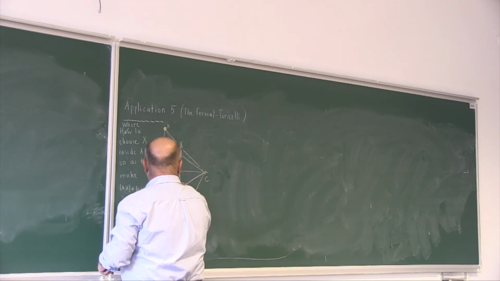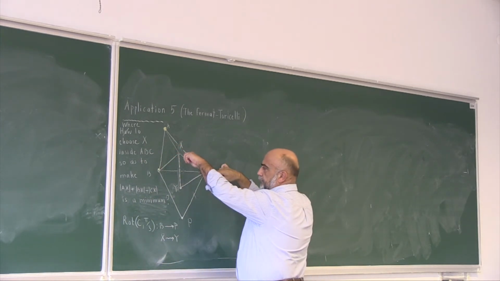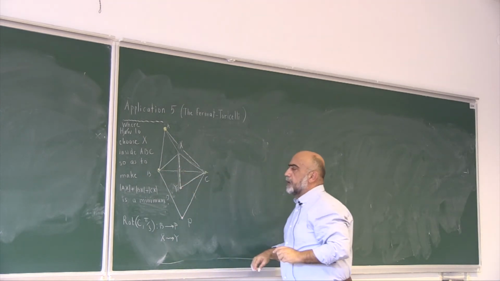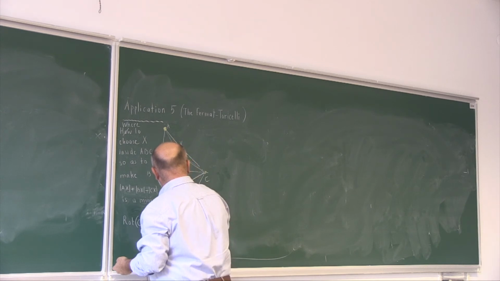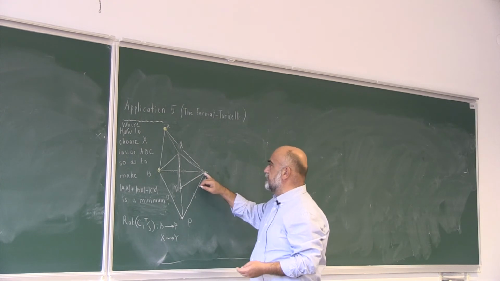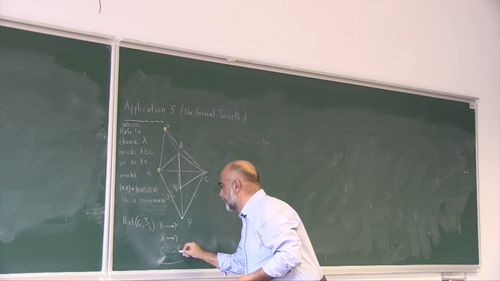Okay, so the rotation with center C through the angle pi over 3 sends X into Y, B into P. So if you join Y and P, then you have two triangles. C is fixed, of course. It's the center of the rotation.